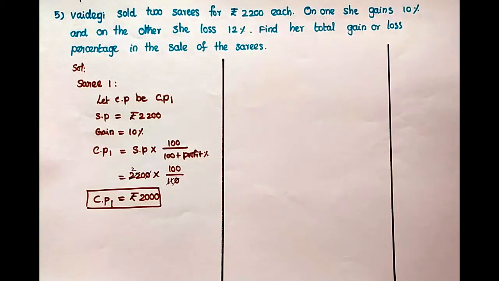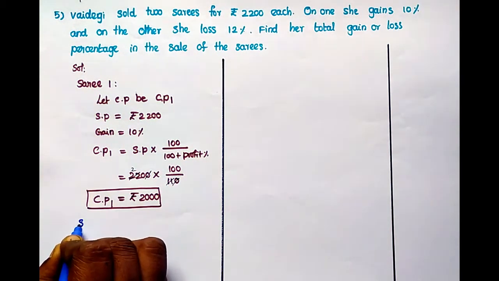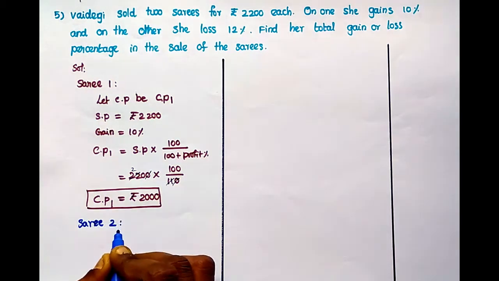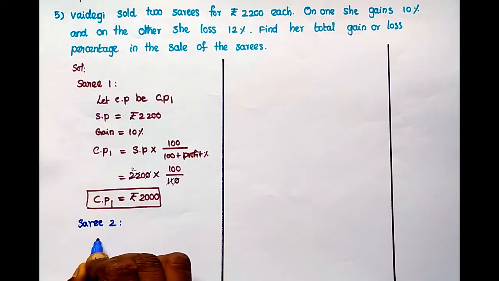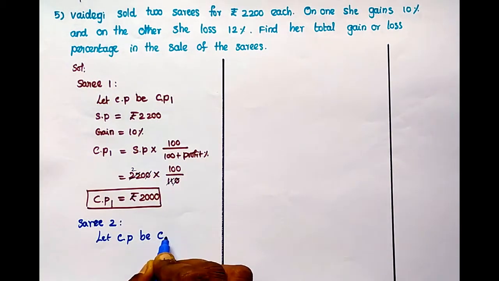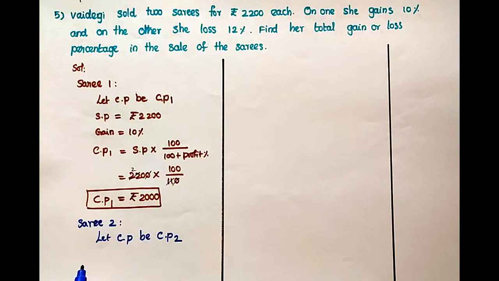Next one, take saree 2. Let the cost price be CP2 and they gave selling price same 2200, and here loss is 12%.